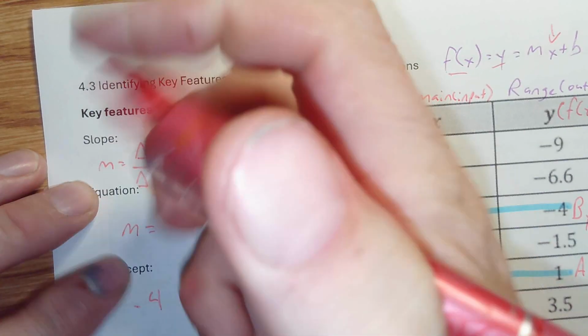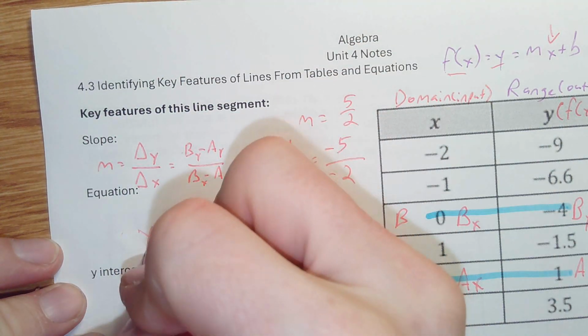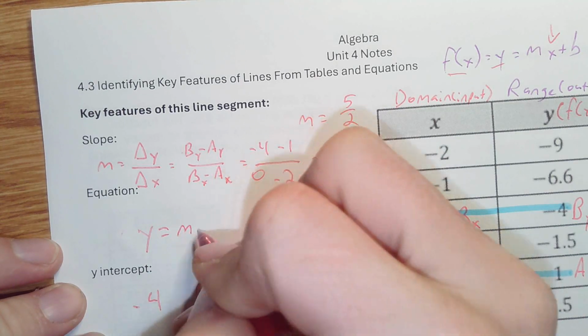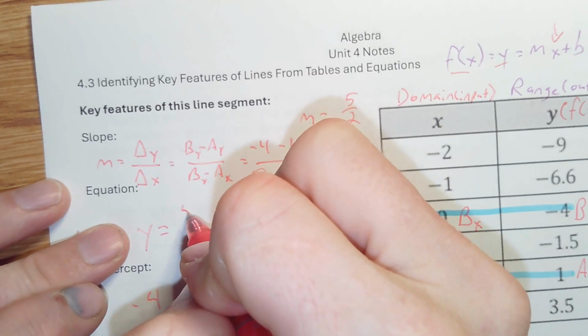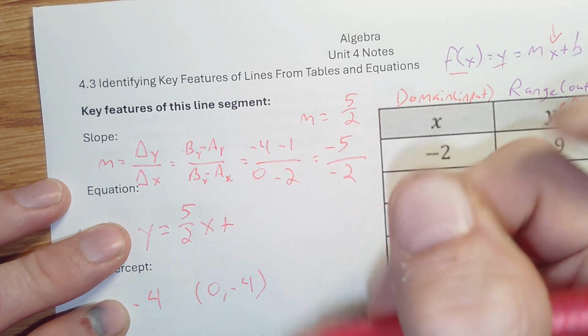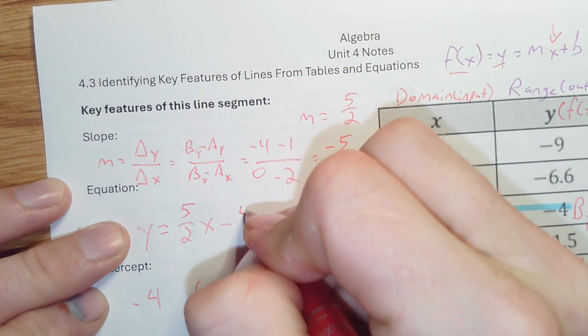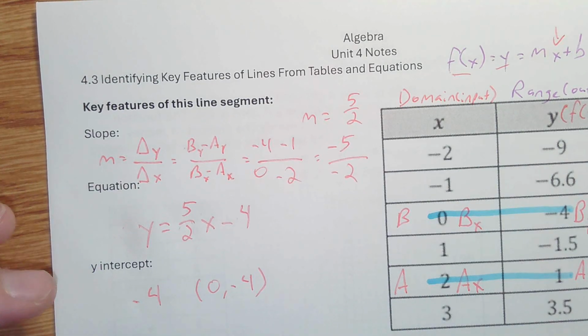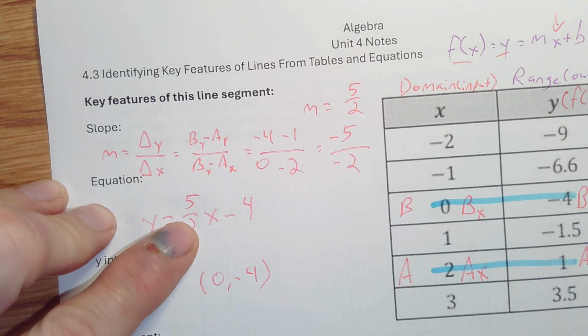My y equals m, which is 5/2, x plus my y-intercept, which is -4.